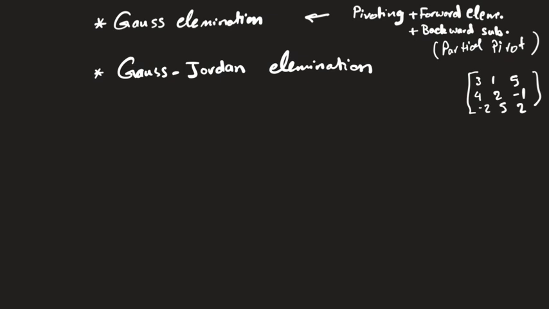If you just go with the regular pivoting, you use the first row, and your pivot element is going to be the 3. Then you multiply the first row by 4 over 3 and subtract it from the next one, and multiply by minus 2 over 3 and subtract it from the last one, or multiply by 2 directly and add it to the last one, and so on, right?